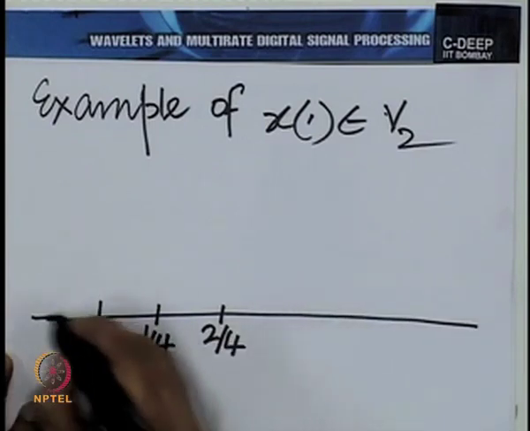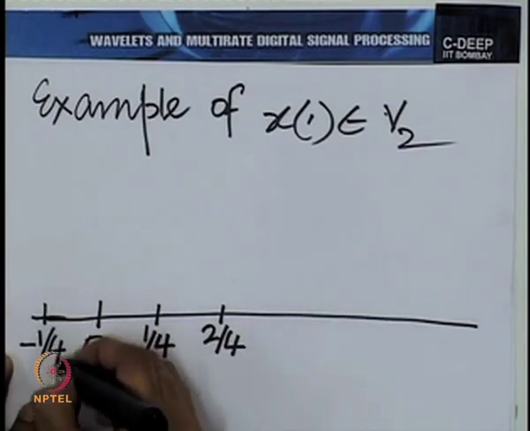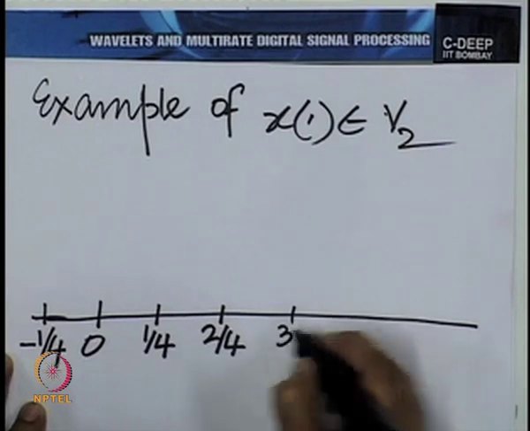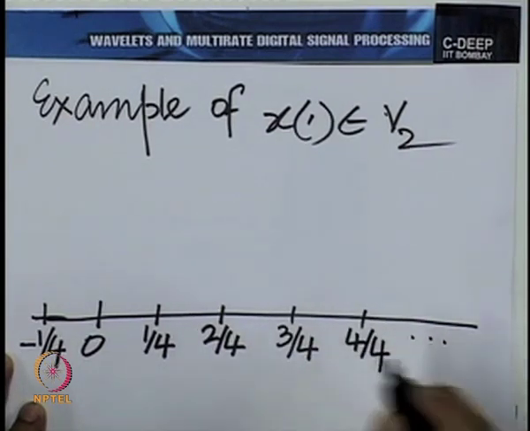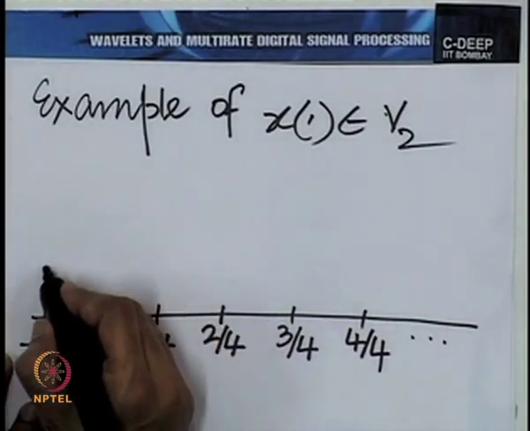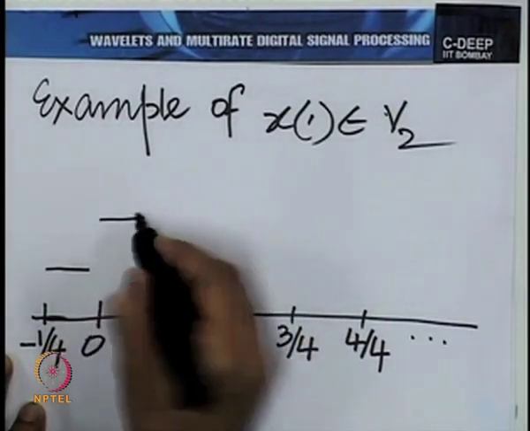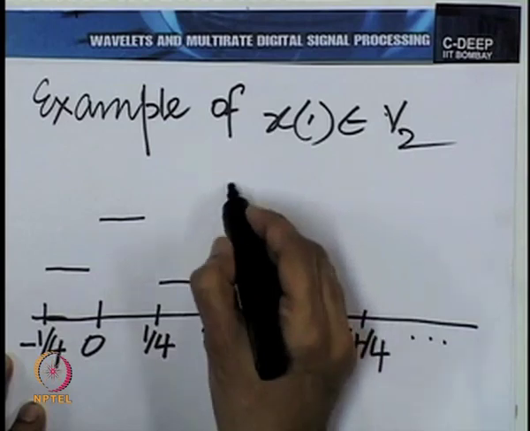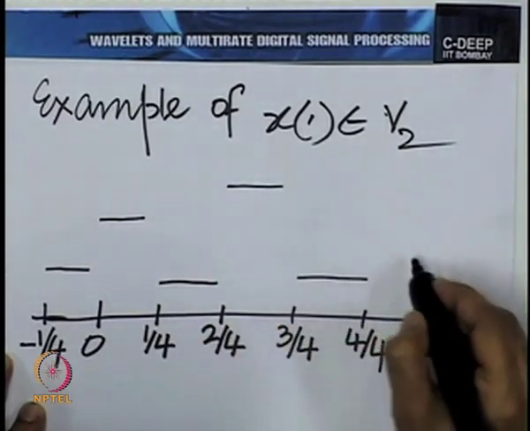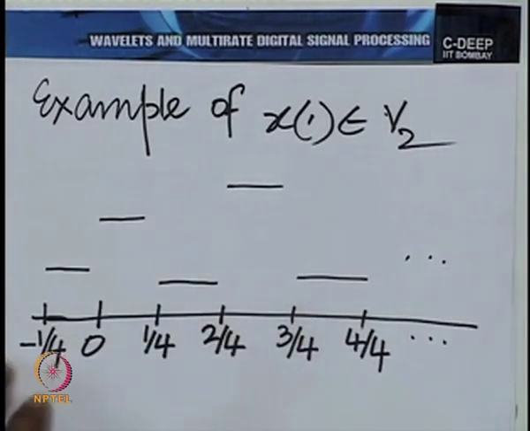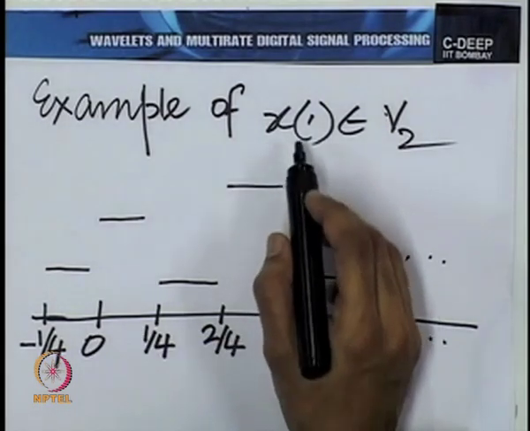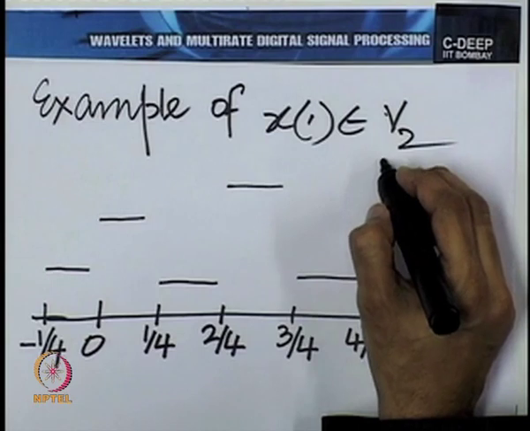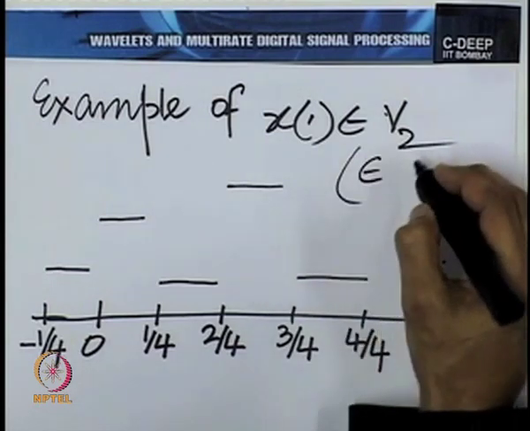And in fact, to be complete, we should also include intervals before 0 and so on. And we have piecewise constancy on these. And so on there. And please remember, x is also in L 2 R. So, when you say it is in V 2, it is automatically of course in L 2 R.